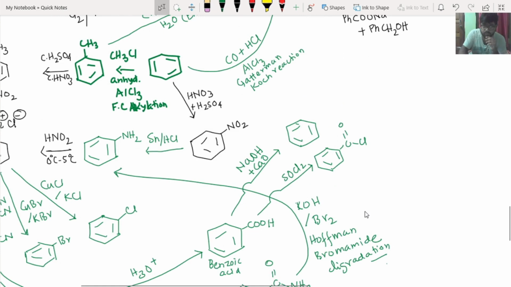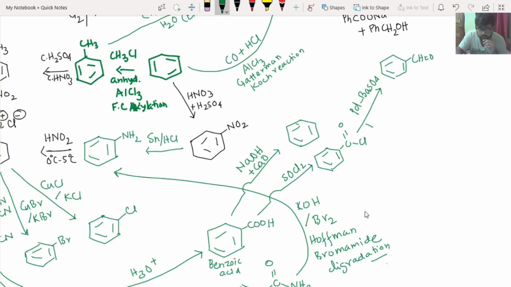Now this benzoyl chloride can be converted into benzaldehyde once again by using palladium and barium sulfate. This is called the Rosenmund reduction reaction.